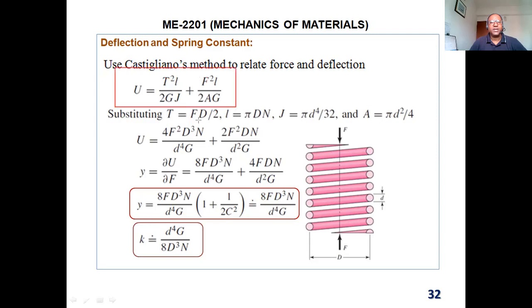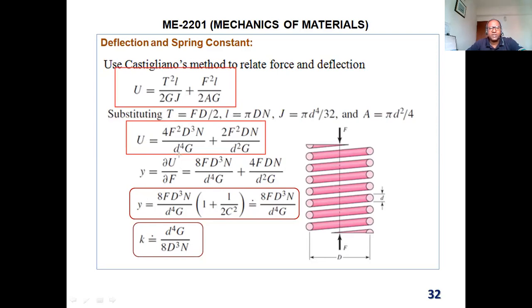Then he put in the values of T, L, area, and polar moment of inertia. Then you got this equation. Now we figure out the value of deformation. If you differentiate this one with respect to F, you get Y.